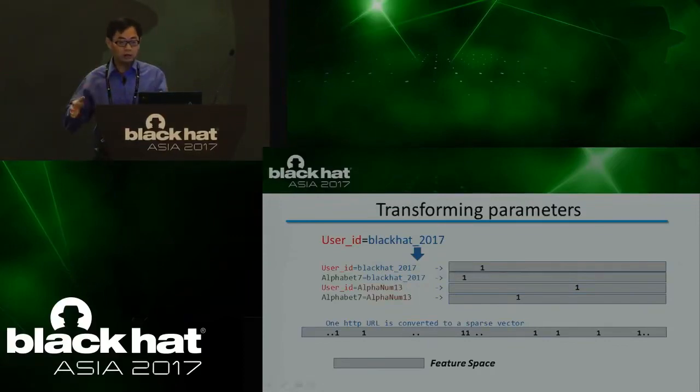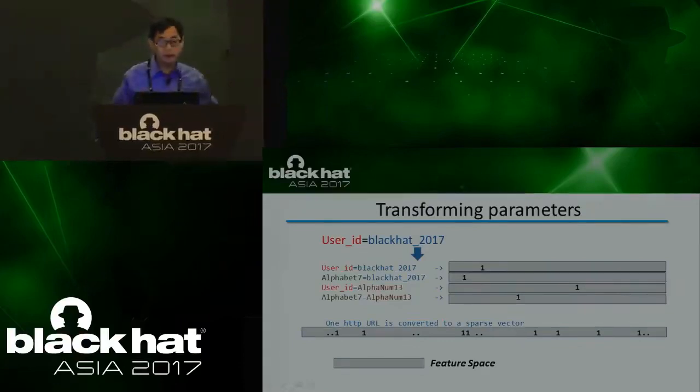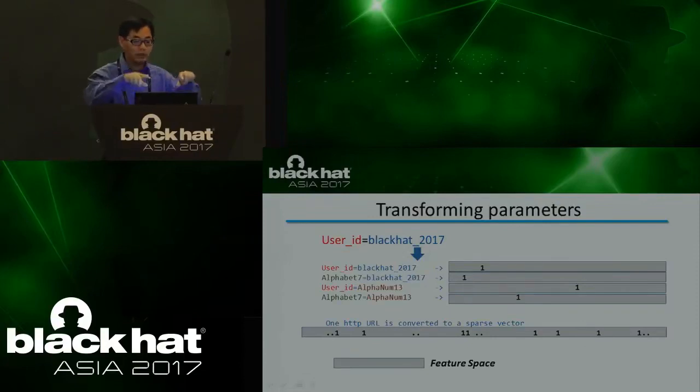Then we do the hashing. The long gray rectangle is our feature space. When we hash the string, we get one bit in the position among this, for example, 3,000-dimensional array.